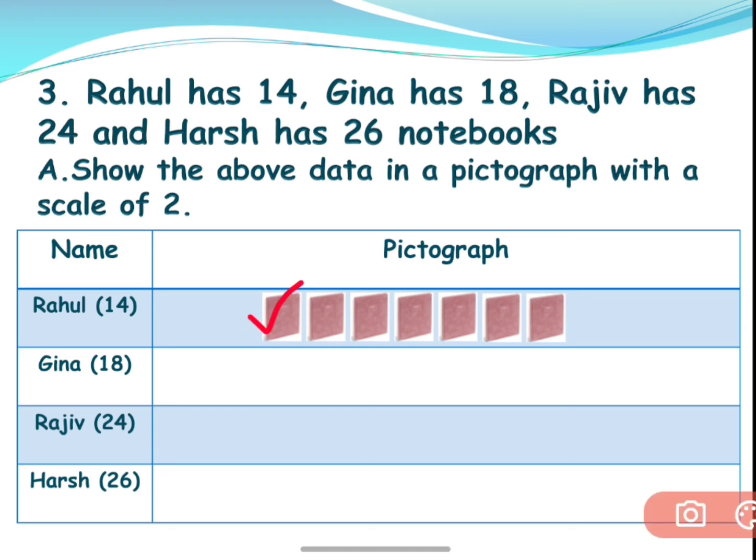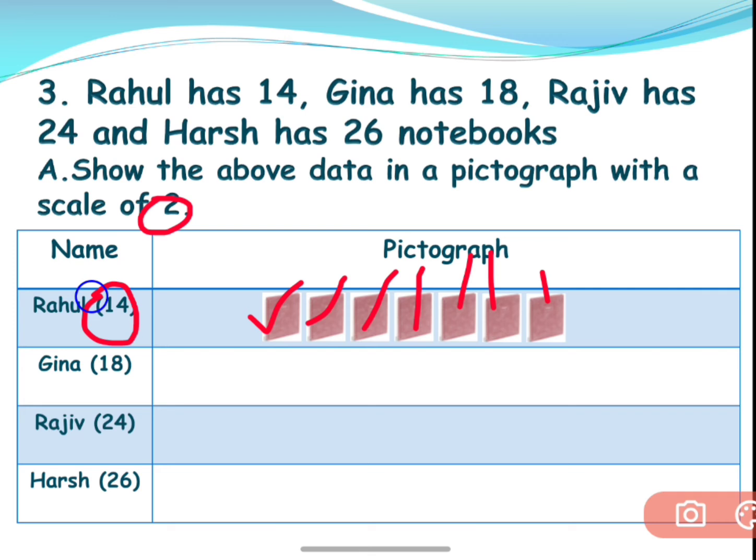So 2 plus 2, 4, 4 plus 2, 6, 6 plus 2, 8, 8 plus 2, 10, 10 plus 2, 12, 12 plus 2, 14. Okay, so in that way you need to count and you need to draw. Or else, as here the scale is 2, you can divide this number by 2, and the quotient is the number of books you have to draw.